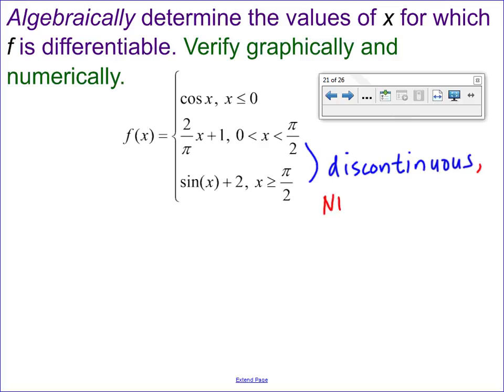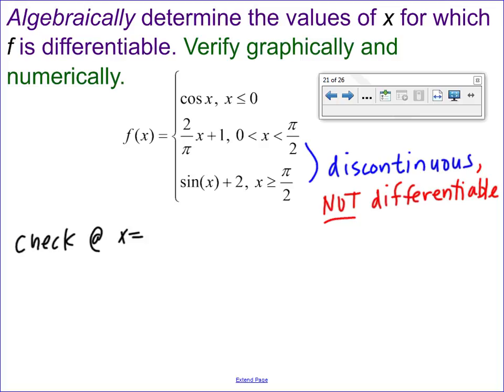What do we need to check? Well, we still need to check at x equals 0 for differentiable. So let's check at x equals 0. What do we need? Left-hand slope.